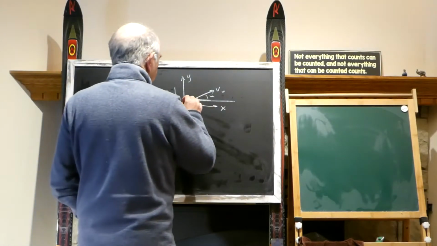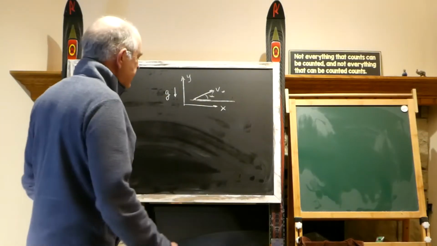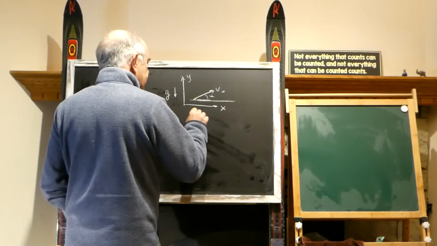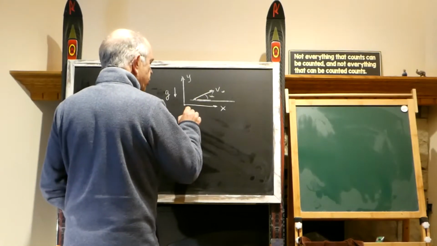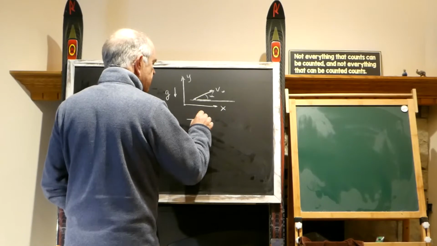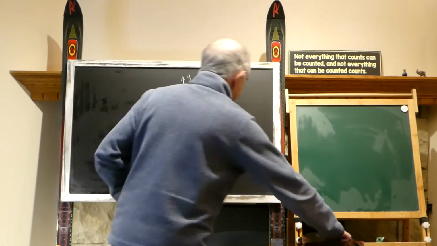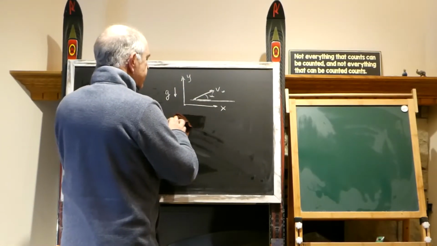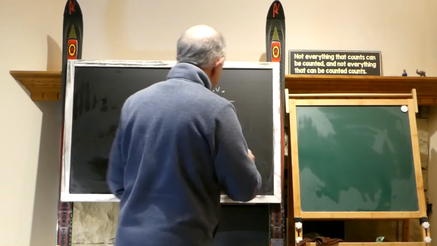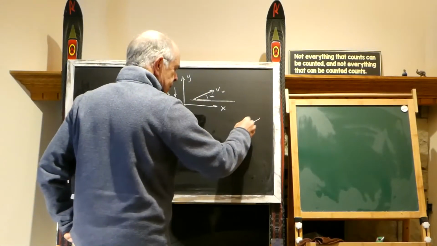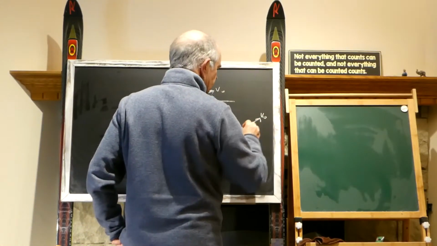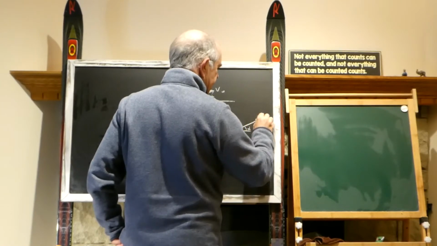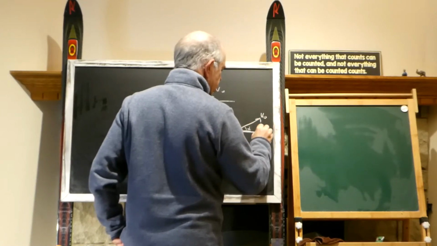So the body will start its movement with initial speed. Remember the playlist on vectors? If there is a vector v0 and an angle alpha, then we will have two projections.